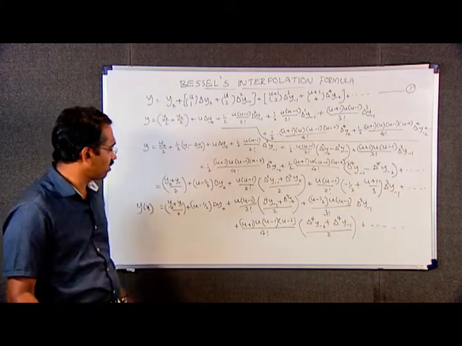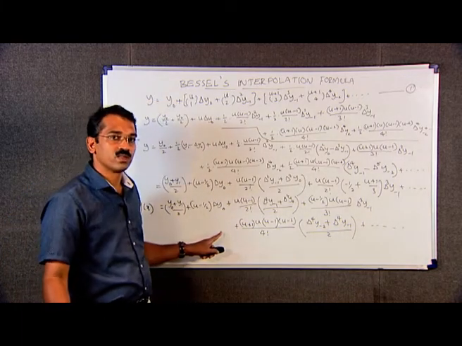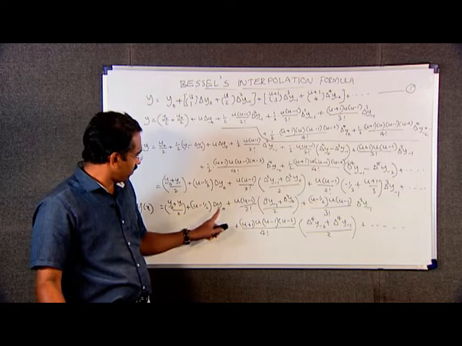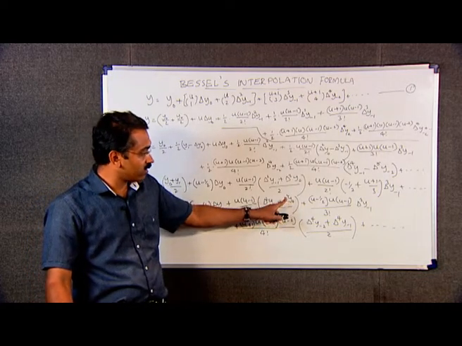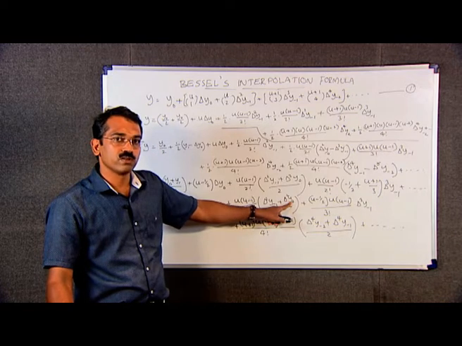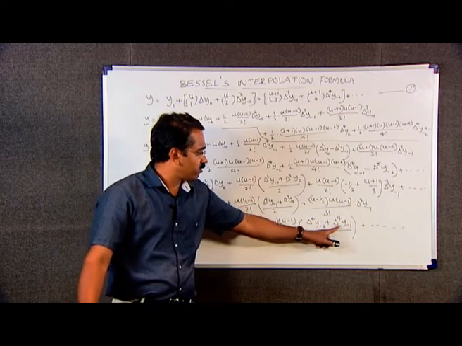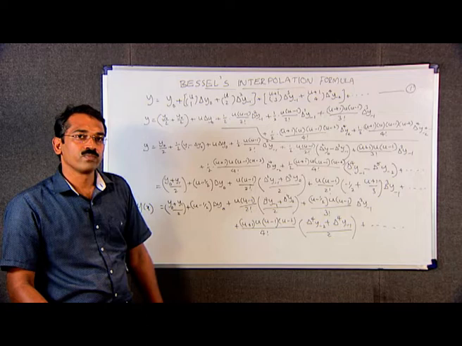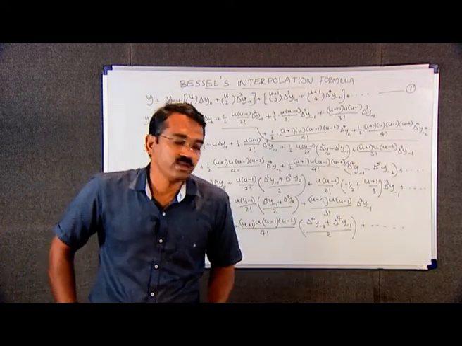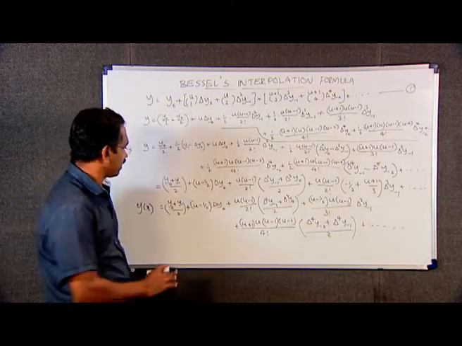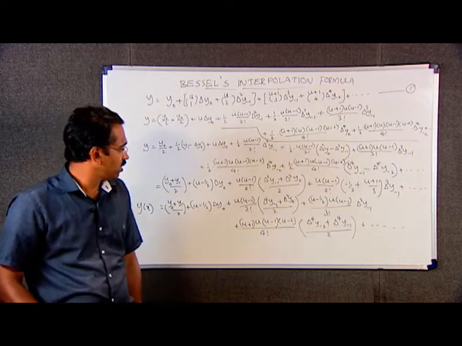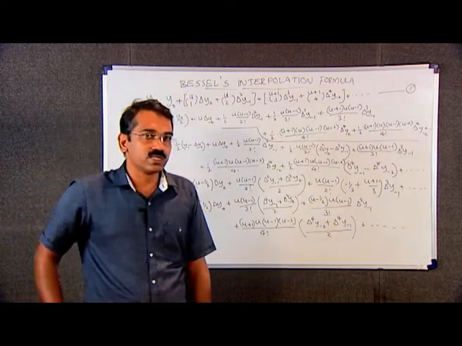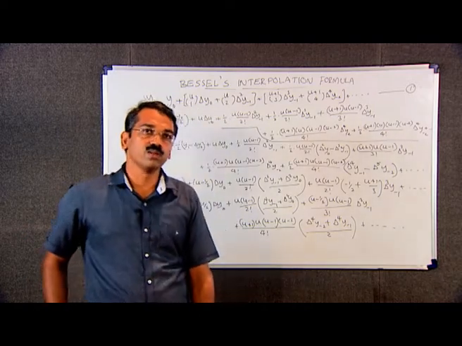All the remaining differences, that are the term y1 and the even order differences delta square y naught, delta raised to 4 y minus 1 etc., all lie on the y1 line. The y1 line means a line through x1 y1, which is the observation from the difference table.